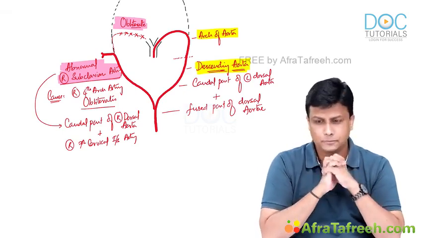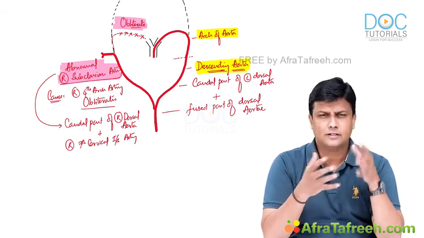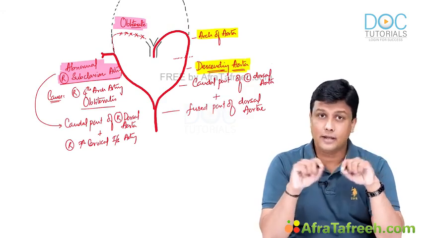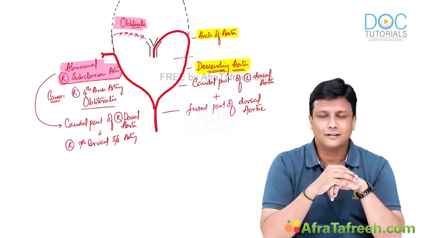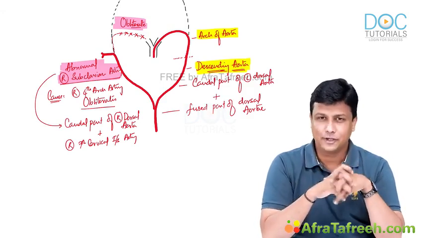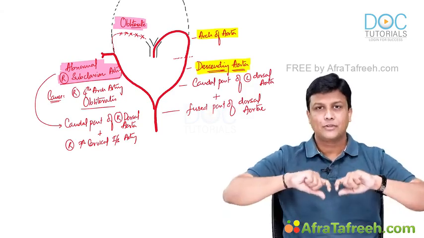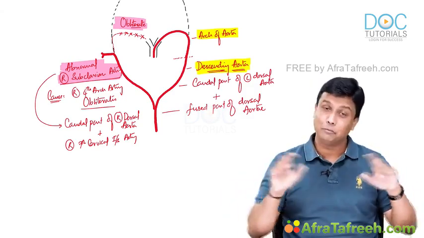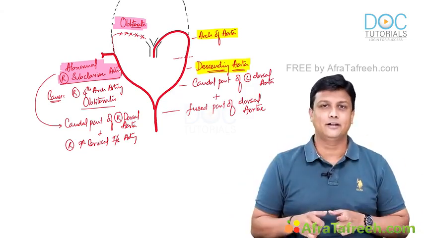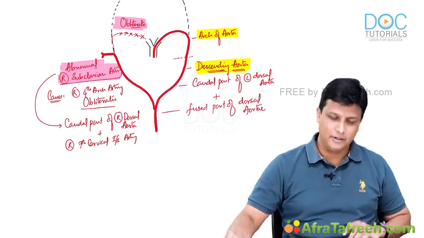No confusion at all. Now, there is one more abnormality that you have to learn, which is most commonly asked in the exam, many times, even as an image-based question: the double arch of aorta. I think now I don't even have to tell my students how the double arch of aorta forms. It forms due to persistent fourth arch artery on both sides, and not only the fourth arch artery, even the caudal part of the dorsal aorta on both sides persists.